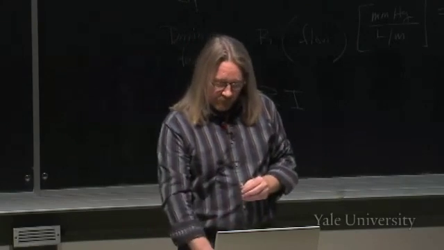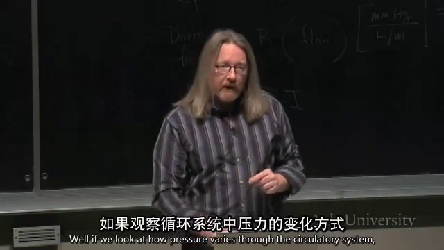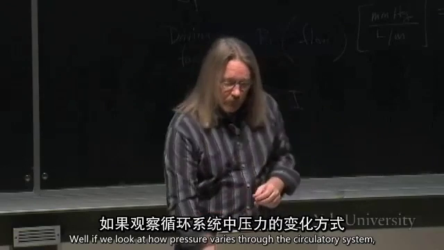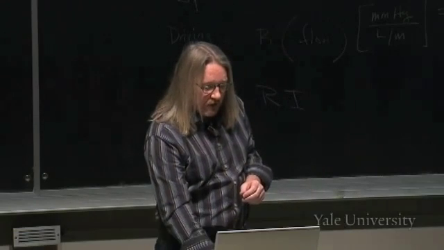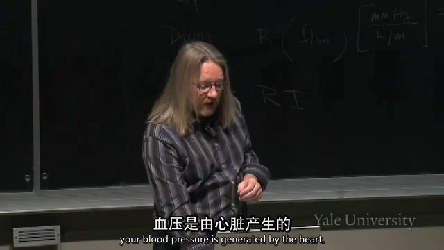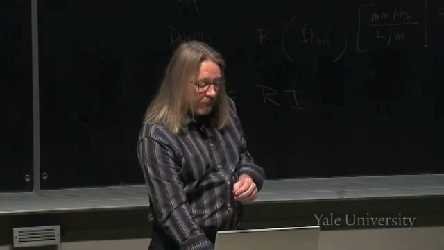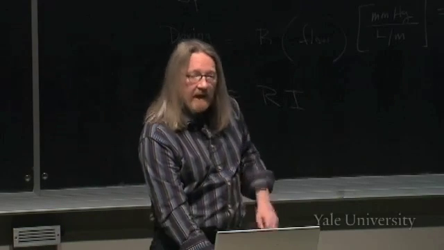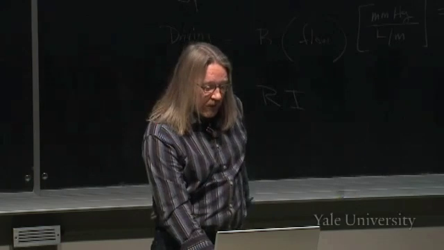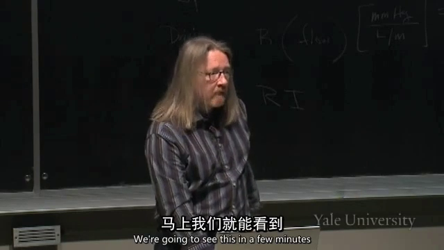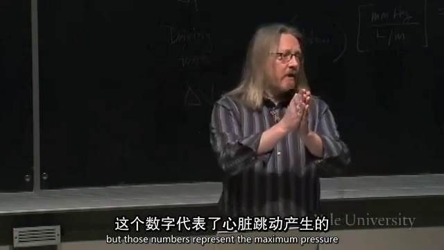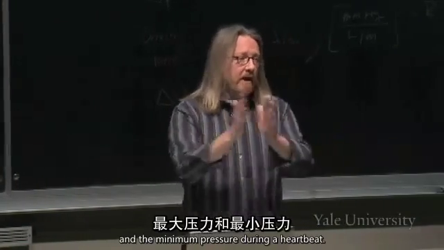Does that make sense? Well, if we look at how pressure varies through the circulatory system, your blood pressure is generated by the heart. Blood pressure ranges between 120 and 80 millimeters of mercury. We're going to see this in a few minutes, but those numbers represent the maximum pressure and the minimum pressure during a heartbeat.